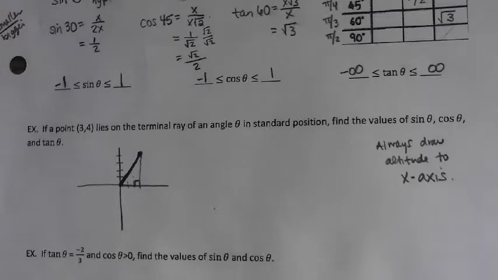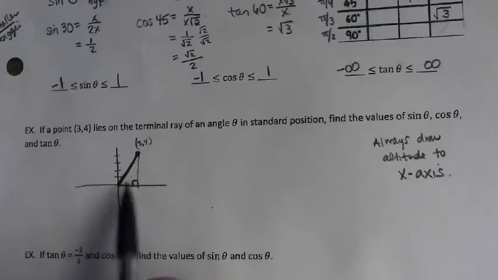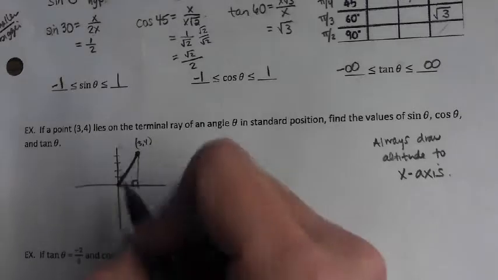And so by giving us this point 3, 4, what can you tell me about the length of this leg? How about Cameron? How long is this? 3, right? To get to 3, 4, we came out 3 units, so that's 3.